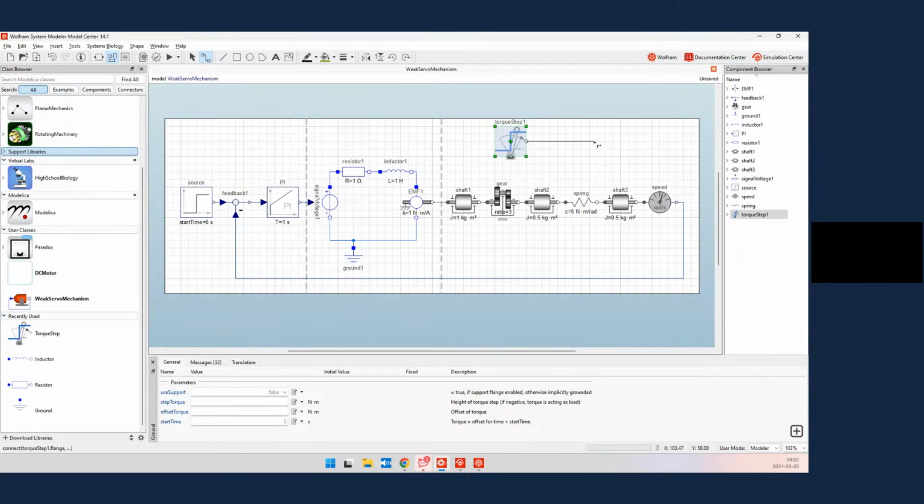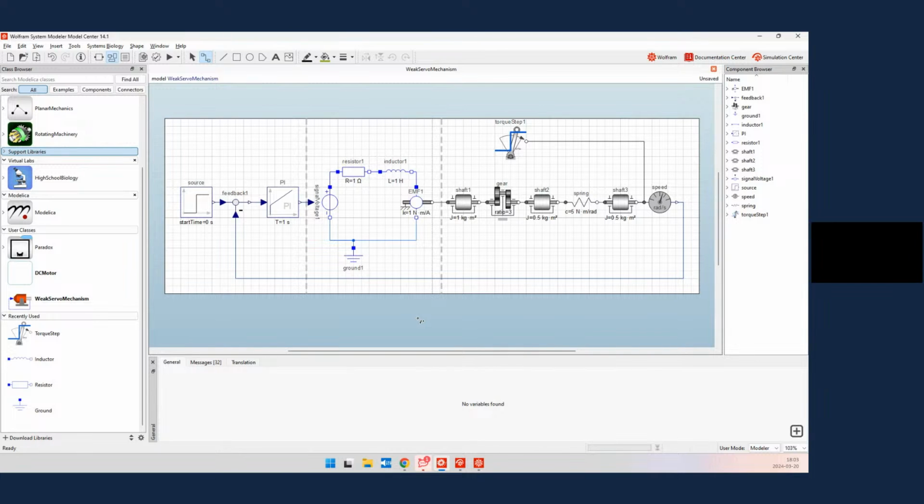I will connect it on the outgoing shaft here, and parameterize it. Let's say I apply a negative torque of 1 Newton meter, with no offset, starting after 12 seconds.